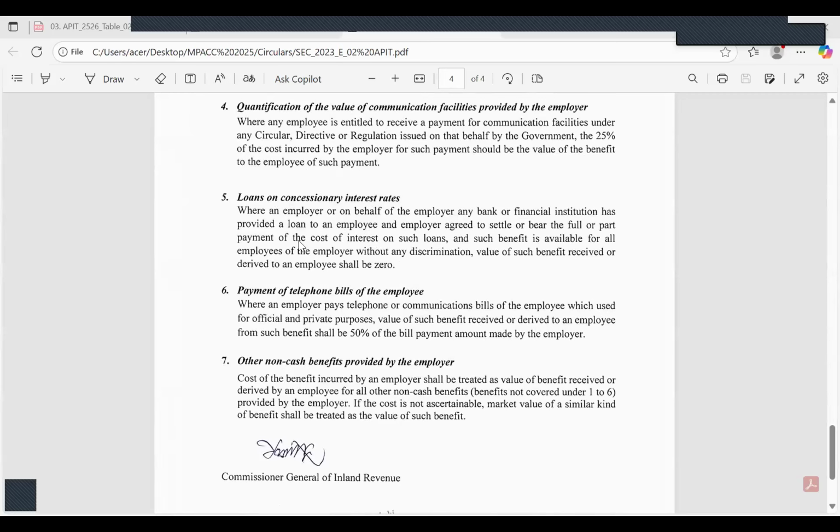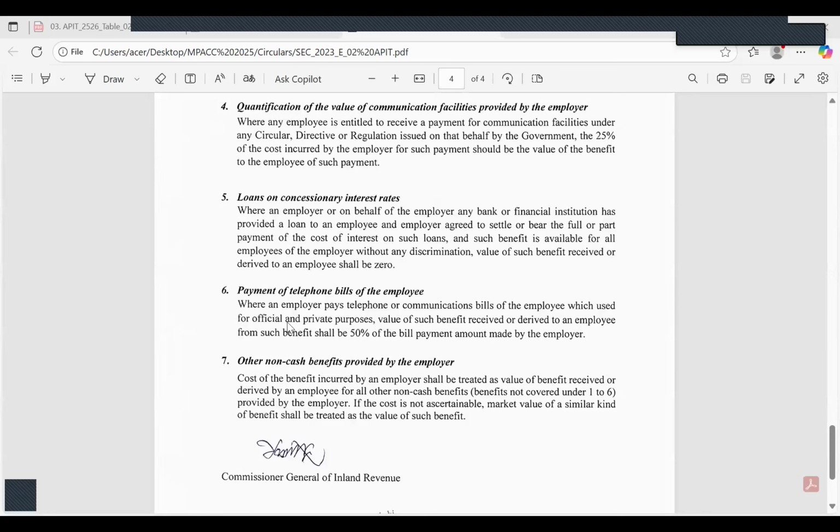Earlier we considered it as a benefit because in most cases banks provide this kind of facility to their employees. Lower interest rate loans are provided by banks. So at that time we considered the difference as a benefit. So now we are not considering it as a benefit. That is why it shall be 0.